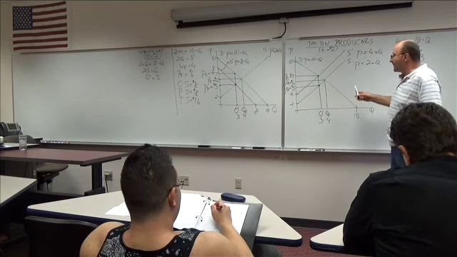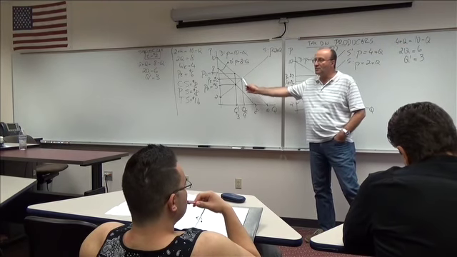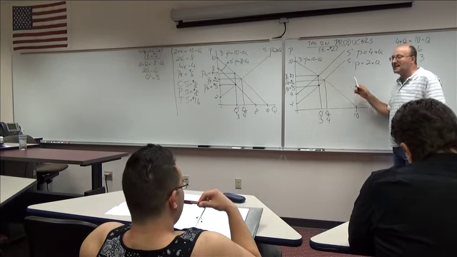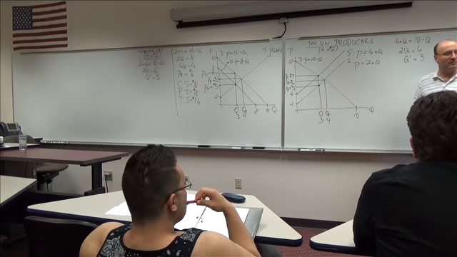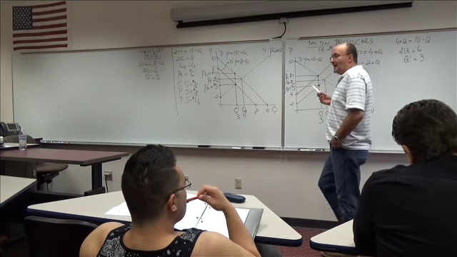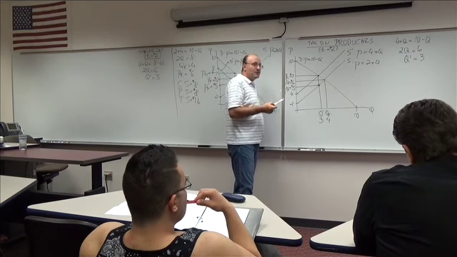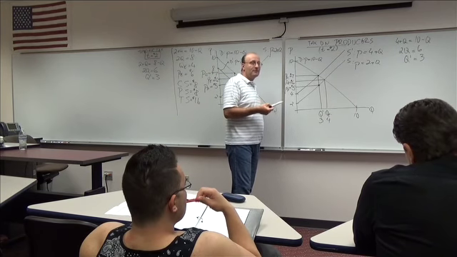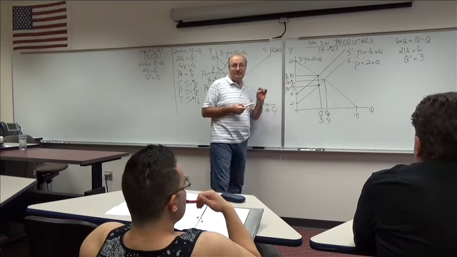So what do we see? What's the difference between imposing that $2 specific tax on consumers versus imposing that same tax on producers? Is there any difference? No. Frankly, we see that how the burden of the tax is imposed legally has absolutely no impact on how the burden of the tax is shared economically.